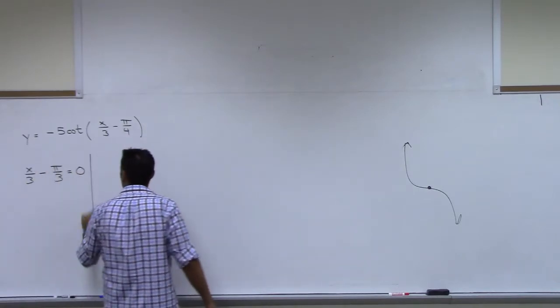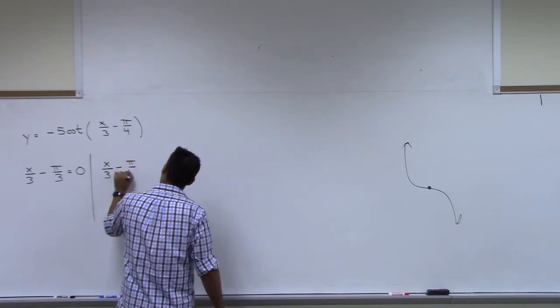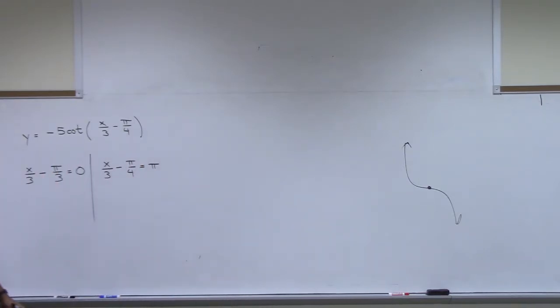Those are things you're going to have to remember. Cotangent, 0 and pi. Tangent, negative pi over 2, pi over 2. Sine and cosine, 0 and 2 pi for both, right?